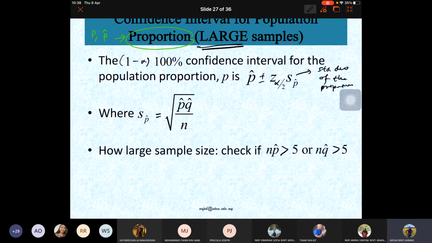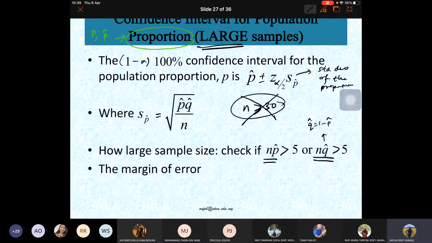So kalau macam dalam case 1, case 2, case 3 tadi, kita boleh tahu dia large kalau n lebih besar daripada atau sama dengan 30. But in this case, dia tak ada syarat n greater or equal to 30. So kita check by using this rule. n multiply with the sample proportion must be greater than 5. Atau sama juga Q hat. Yang mana Q hat ni kalau awak still remember, it will be equal to 1 minus P hat.